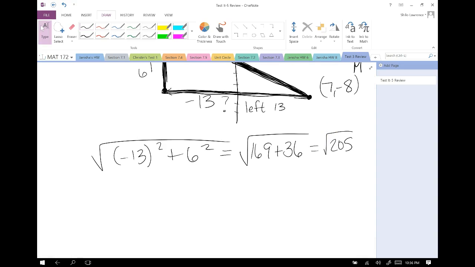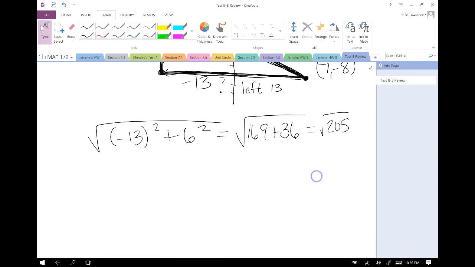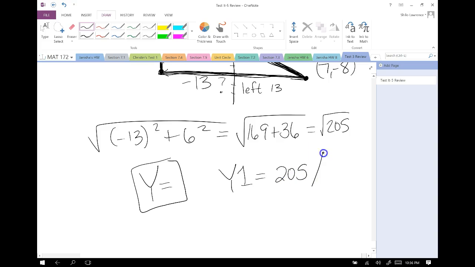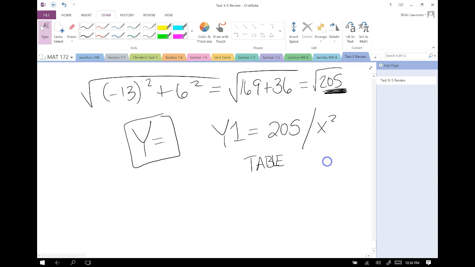One way that you can check in your calculator to see if that square root simplifies is you can go to your y equals, and in y1, you can take that number and divide it by x squared. Because to simplify a square root, what we're trying to do is see if there's any perfect squares that will come out of it. So in y1, type your number divided by x squared and go to the table and start at x equals 1 or 2.